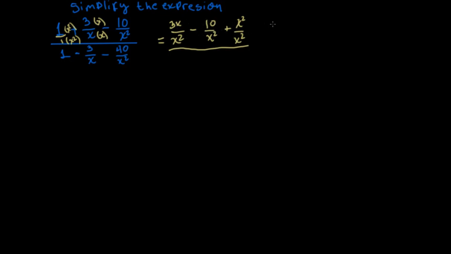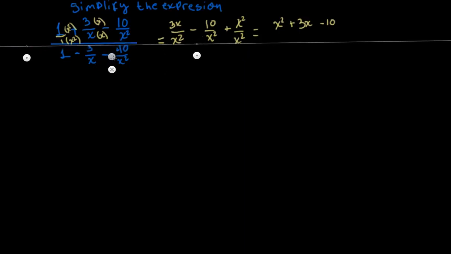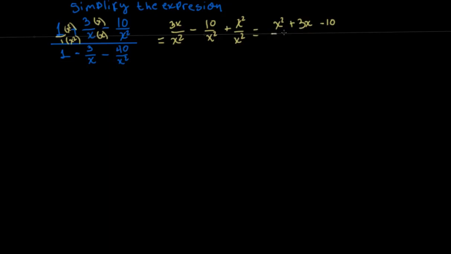So I can say that this is equal to x squared plus 3x minus 10, and all of that is divided by x squared.